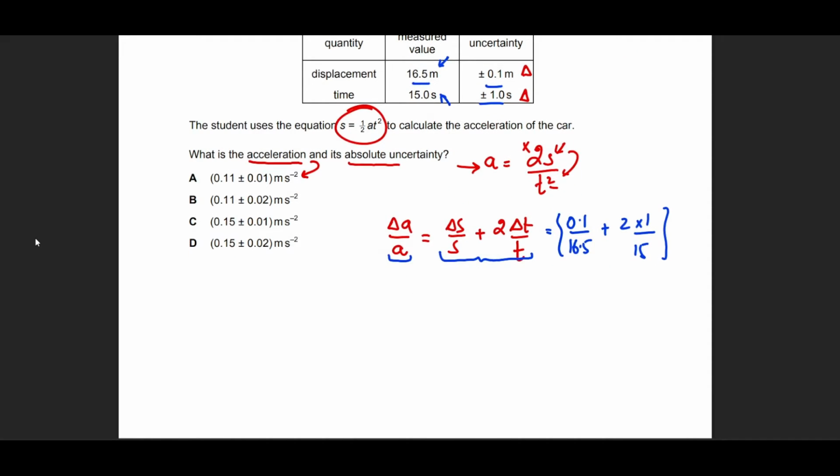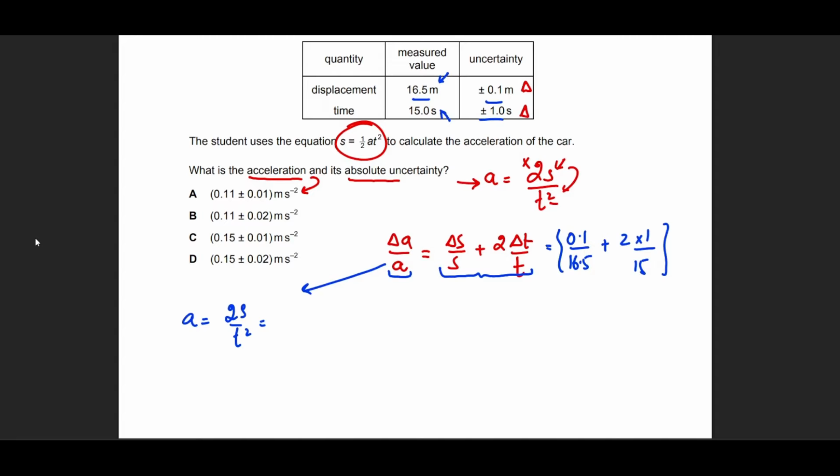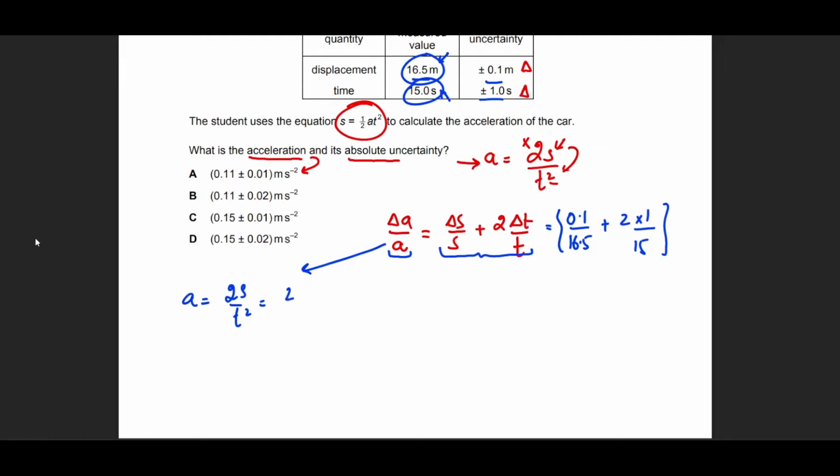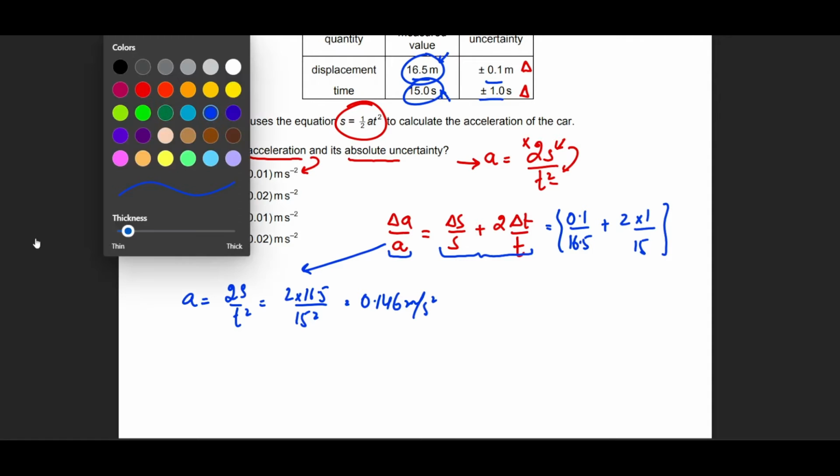Besides this, we want to calculate the true value of A, which is going to be A equals 2 times S divided by T squared. Now we are going to put in the true value, which is 16.5 and 15. So this is going to be 2 times 16.5 divided by 15 squared. The value of A comes out as 0.146 meters per second squared, which most likely makes it option C and D, but we need to make sure about the error as well.